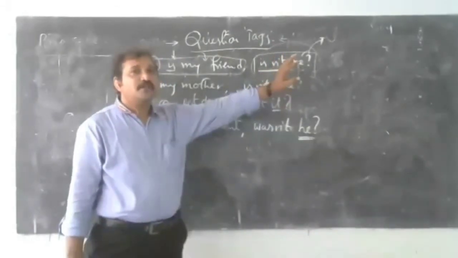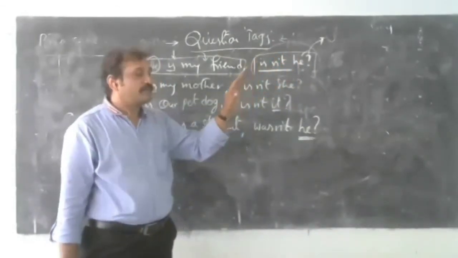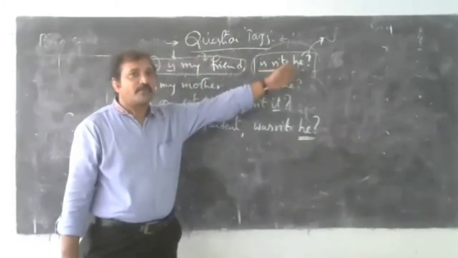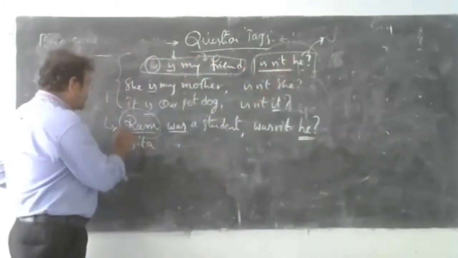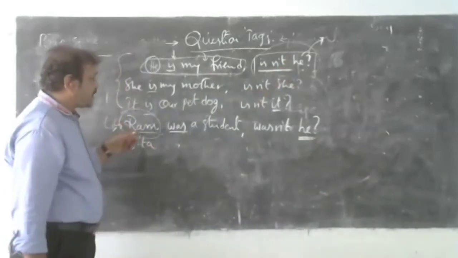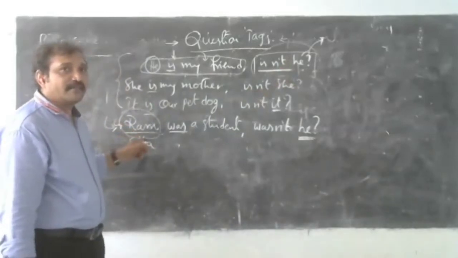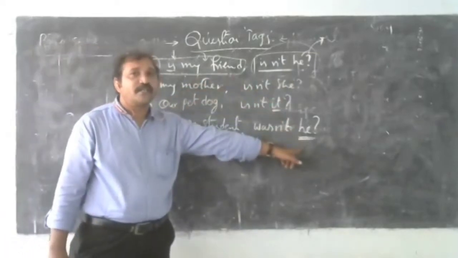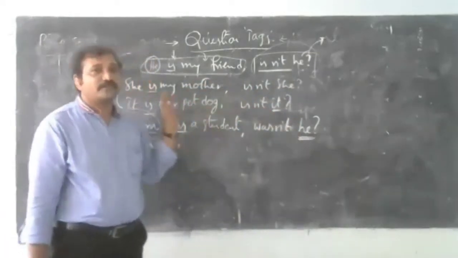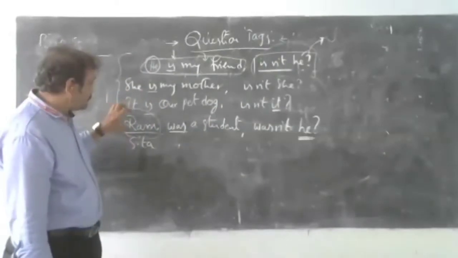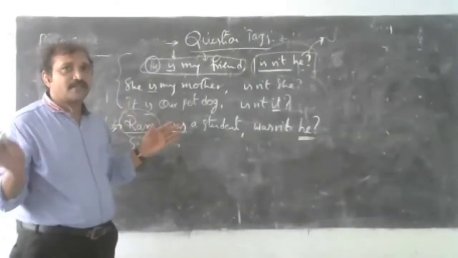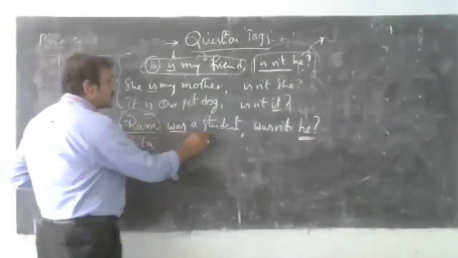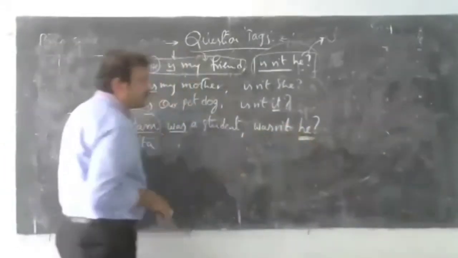That means no need to change the pronoun. For example, here we use he. There you can take the same, no problem. But whenever a statement has a noun like this, you need to use its pronoun instead of the noun. So Ram was a student, wasn't he?